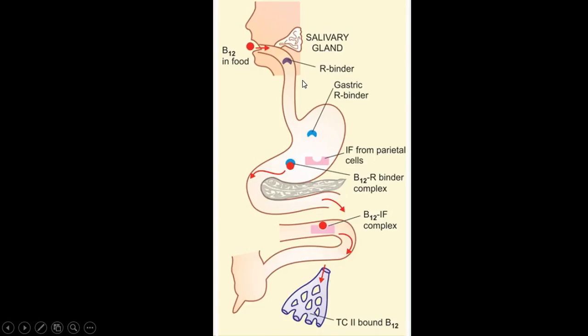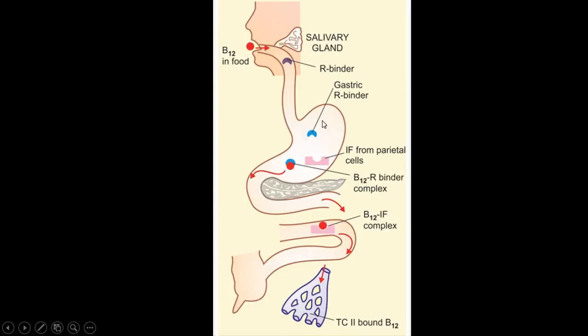Pharmacokinetics, let's forget about this R binder, and we take it orally, and it will bind to the intrinsic factor secreted by parietal cells of stomach. In the bound form of vitamin B12 and intrinsic factor, it reaches the intestine or the ileum, and in the ileum the intrinsic factor is left behind, and this vitamin B12 is absorbed and binds to the transcobalamin 2 in the blood and reaches its destiny.